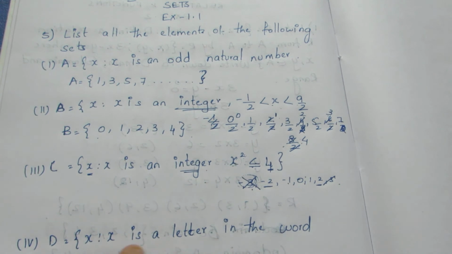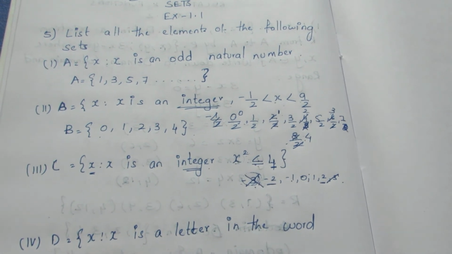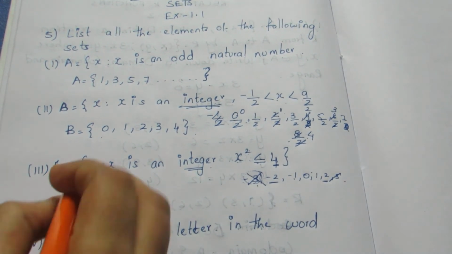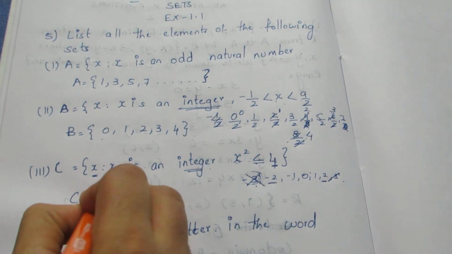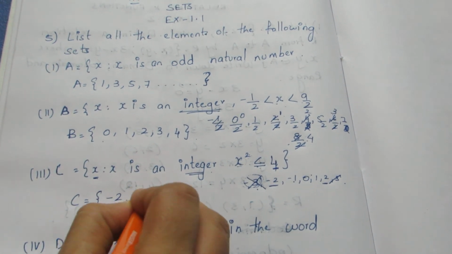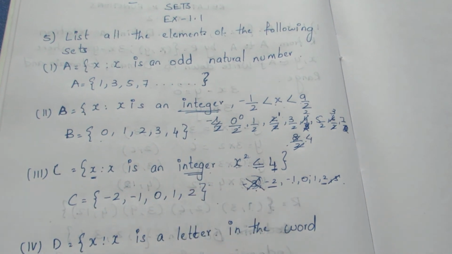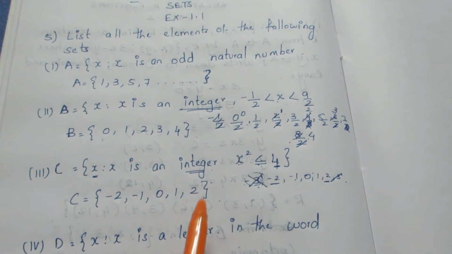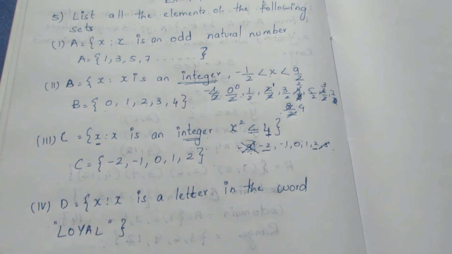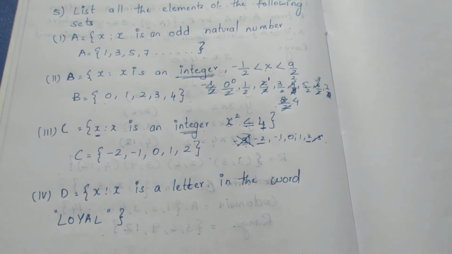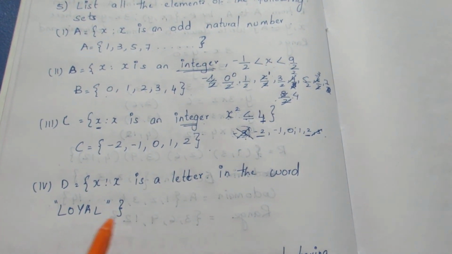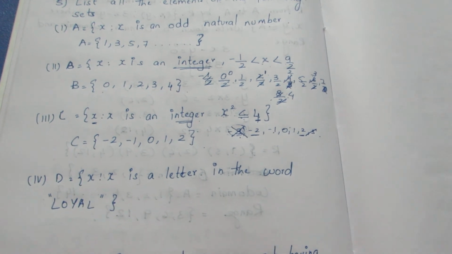And minus 1 the whole square will be 1, which is less than 4. So my answer will be minus 2, minus 1, 0, 1, 2. As it is an integer, I have written all the integers for which x square is less than or equal to 4. We'll move on to the fourth one.